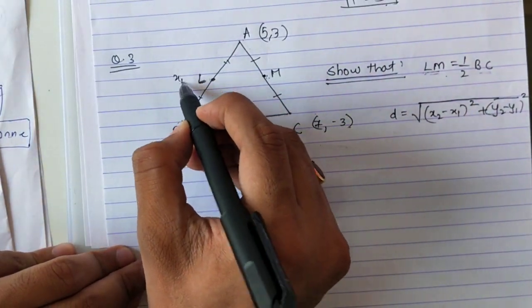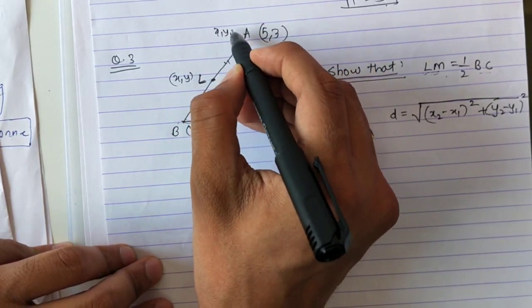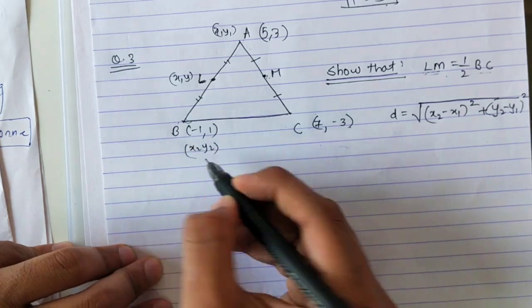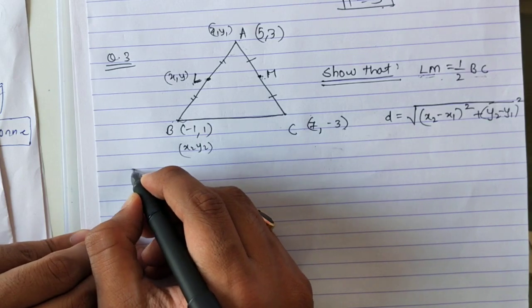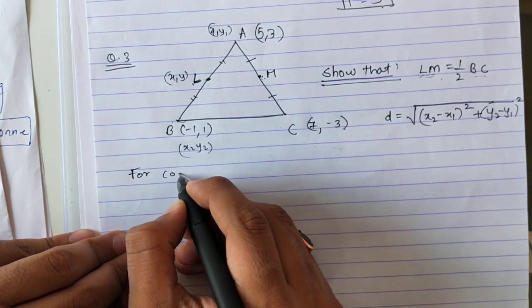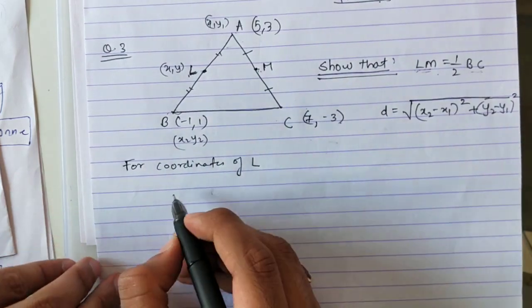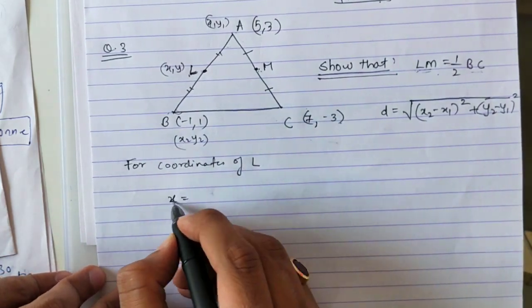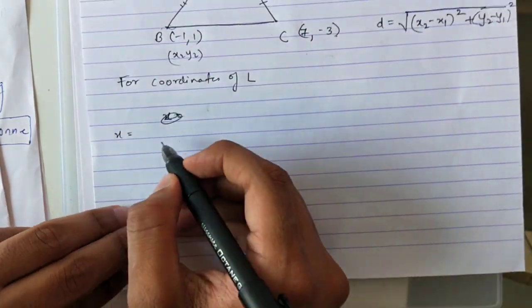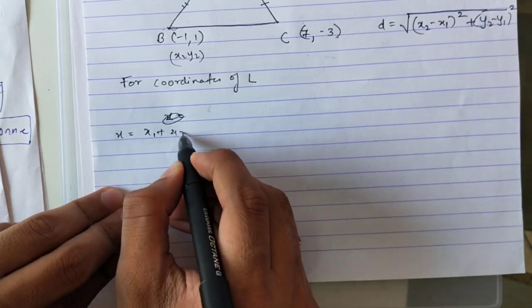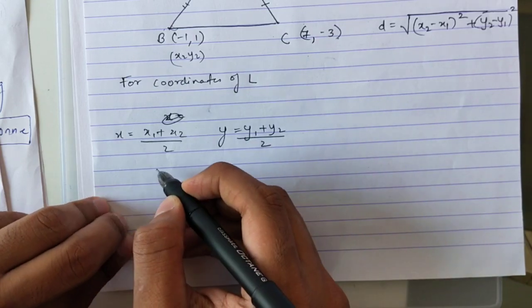Here I'll take L as (x, y). This will be (x1, y1), and here I have (x2, y2). I'll find L first. For the coordinates of L, x is equal to (x1 plus x2) upon 2 and y is equal to (y1 plus y2) upon 2.